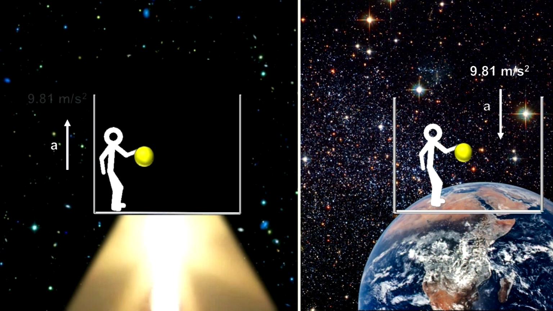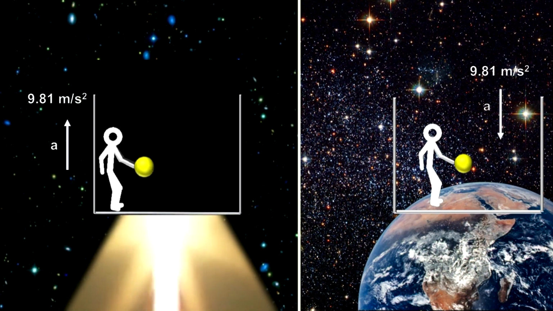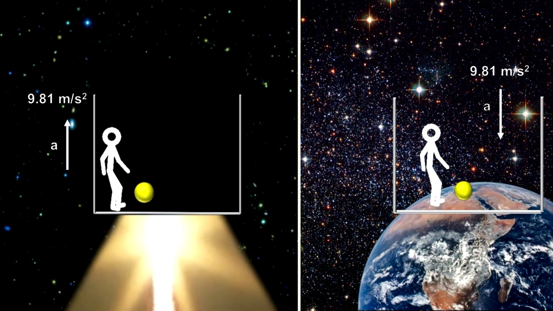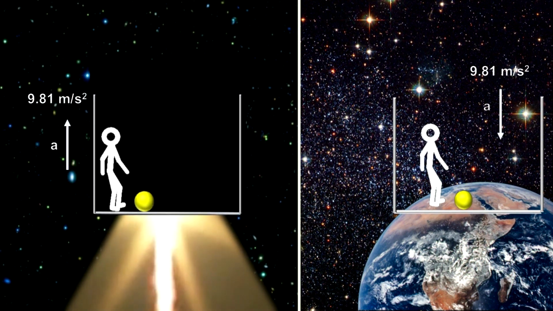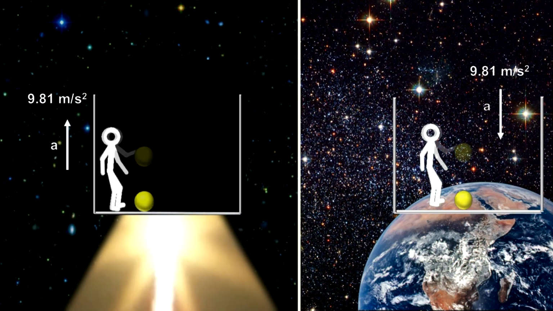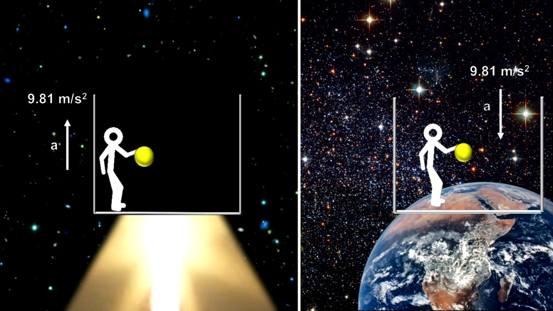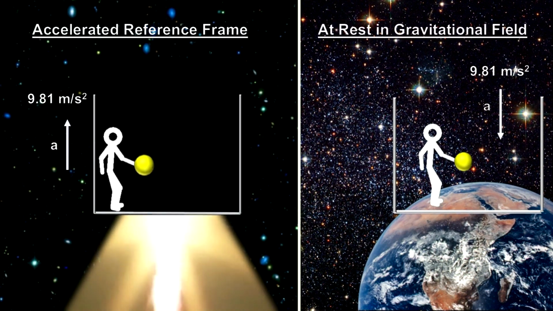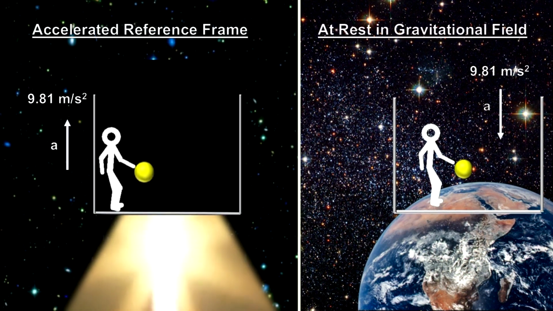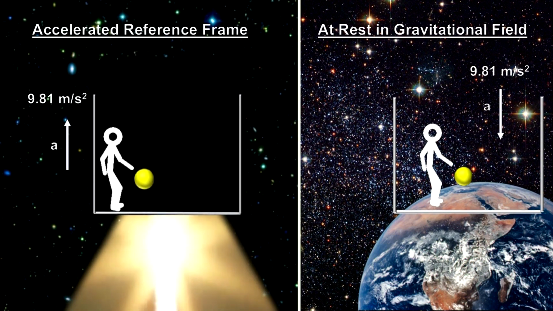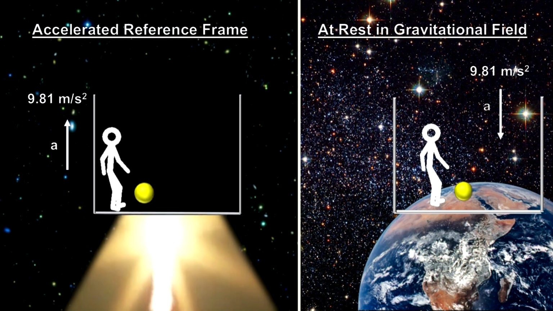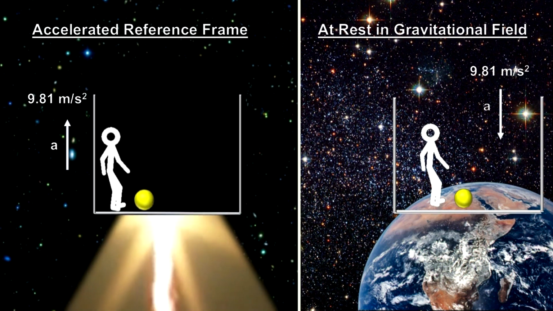If we set the acceleration of the elevator to 9.8 meters per second squared, the occupant would experience the weight he feels on Earth, and the ball would fall at the same rate as it does on Earth. In fact, the person in the elevator cannot tell the difference between the two situations. Is he out in space being accelerated by some force, or is he at rest on Earth being accelerated by Earth's gravity?